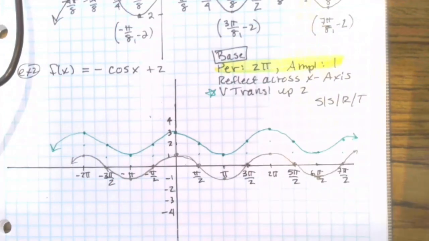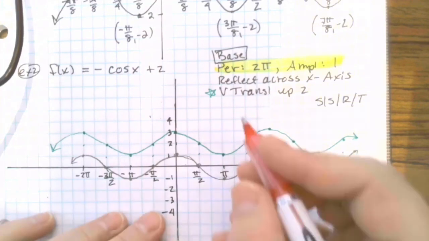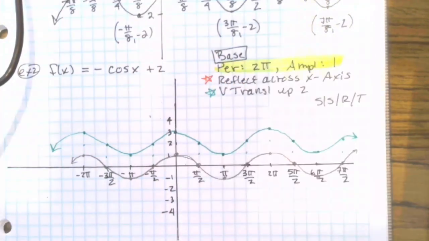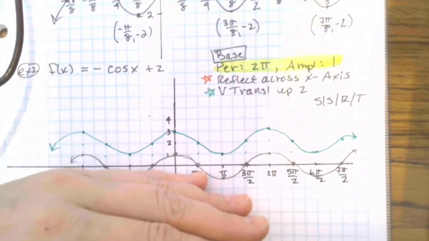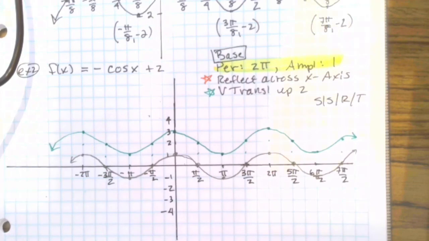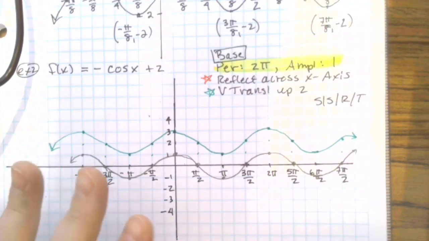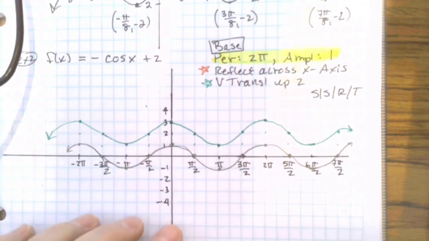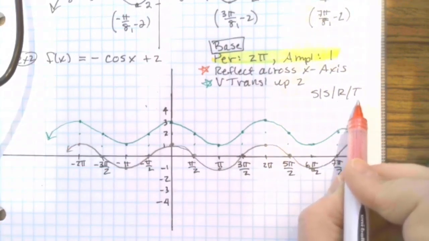And then the last one we're going to do is reflect across the x-axis. All right, so here's our x-axis. We're going to reflect across the x-axis. Now, if you translate before you reflect, remember you're supposed to reflect before you translate.